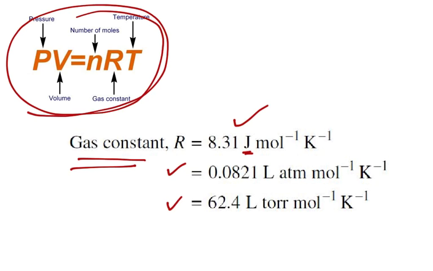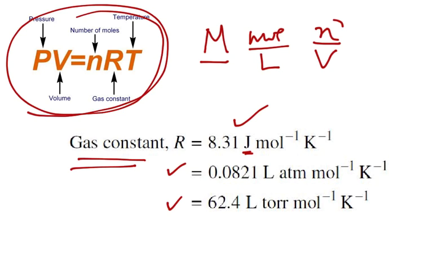Now, the last part of this is you can take this equation and change it around a little bit. If you want to figure out the molar mass of something, well, we know molar mass is moles per liter. We can see that moles is n, and the volume is liters, so V. So if you take PV equals nRT and solve for n over V, that is what I'm calling molar mass.